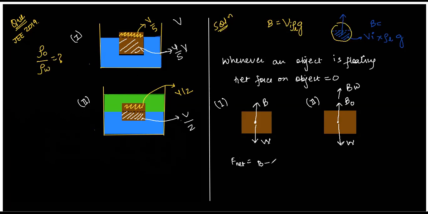B minus W. Here also we can write F net is equal to BW plus B naught minus W. Correct? Now let's take this expression as zero. Why? Because we have just read that whenever an object is floating, the net force on the object is zero.